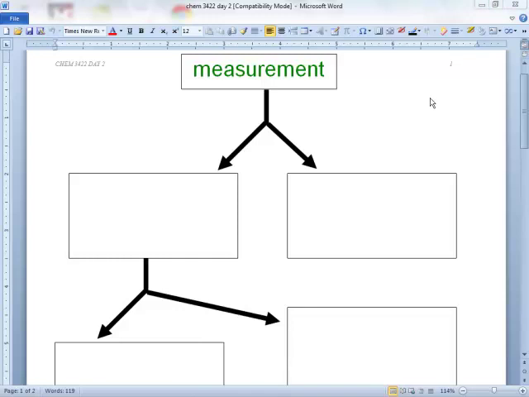First, discussion of instrumental analysis, right? So you read about signals and signal processing, and the measurement up here on top.